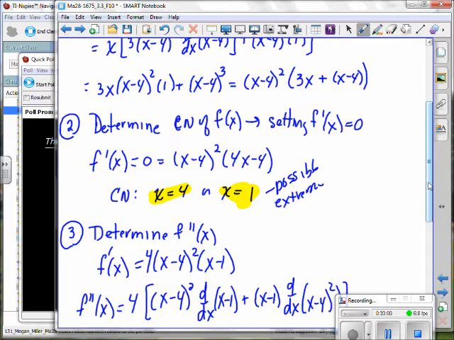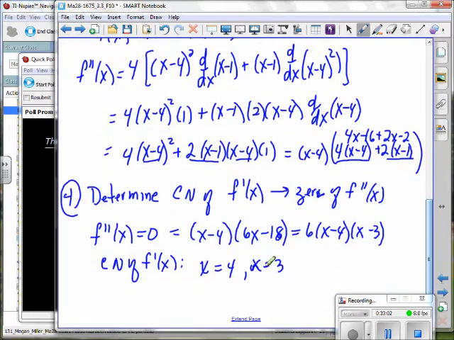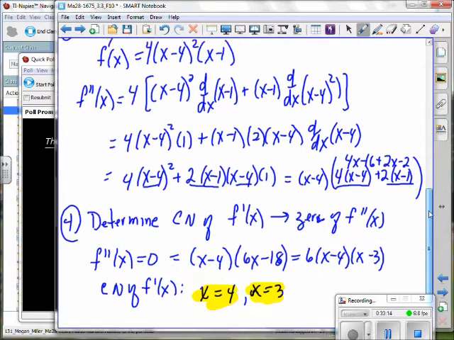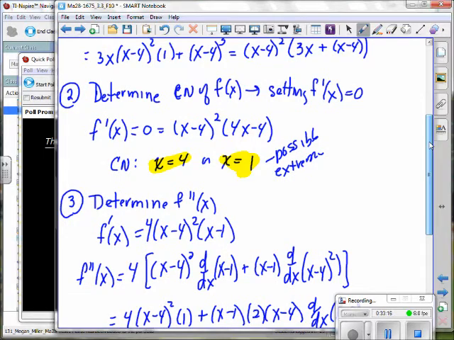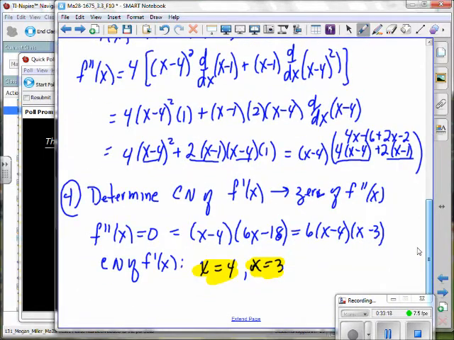Could be either one. However, when I get down here, I have a critical number of x equals 4 or x equals 3. One of those is going to give me a little bit of trouble. Do you know which one? These give me what? In my second derivative, these are possible what?